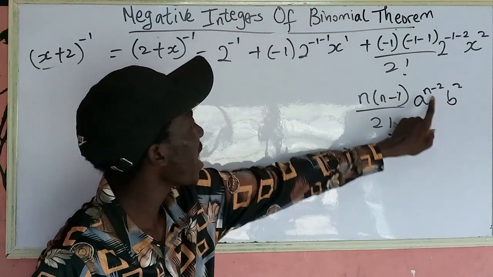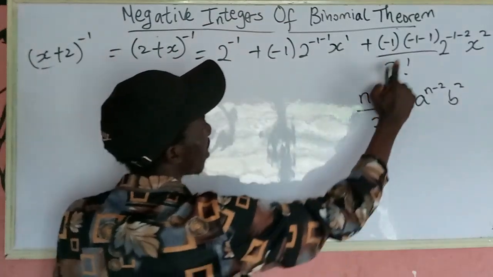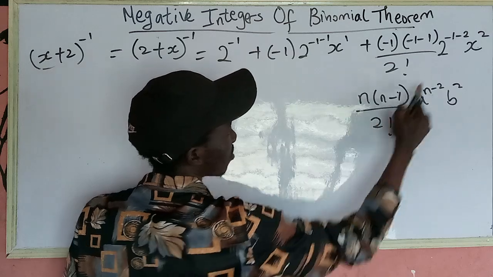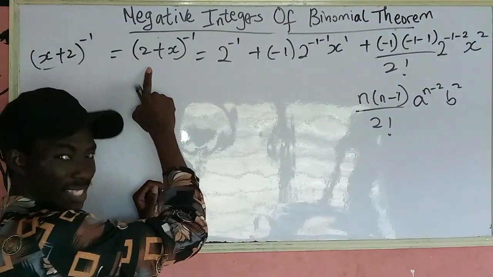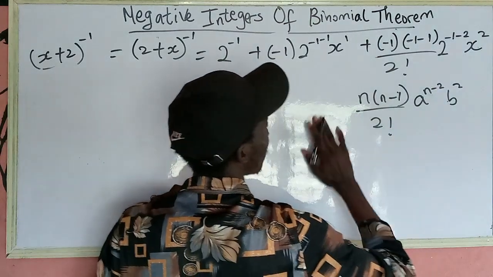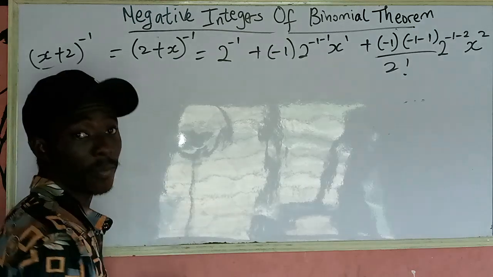That's what I'm using here. My n here is minus 1. You can see I put minus 1 here, minus 1 here, and over 2 factorial, minus 1, minus 2. In this case, my a is 2. My b is x. So that's how you expand negative integers of binomial.